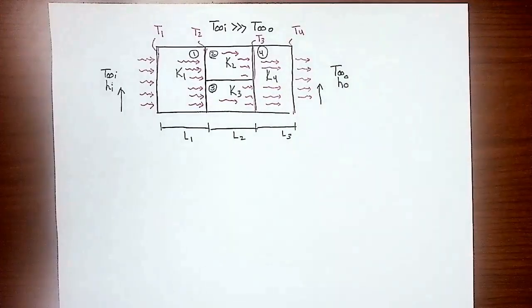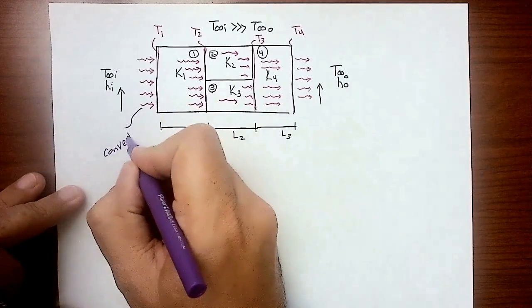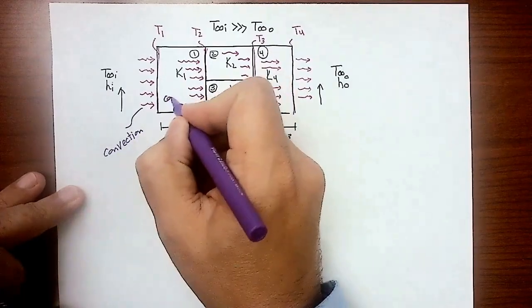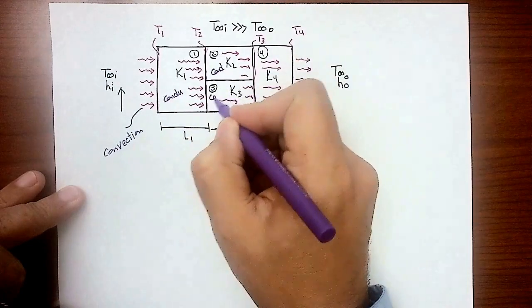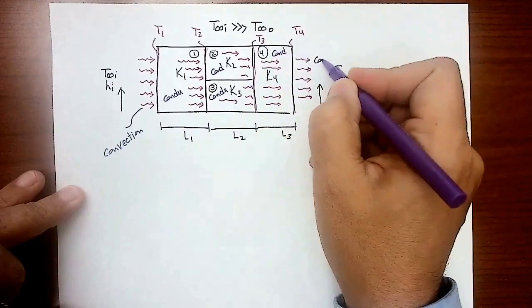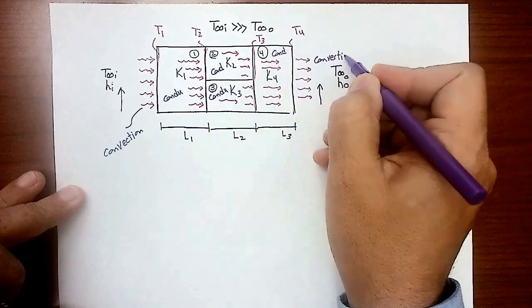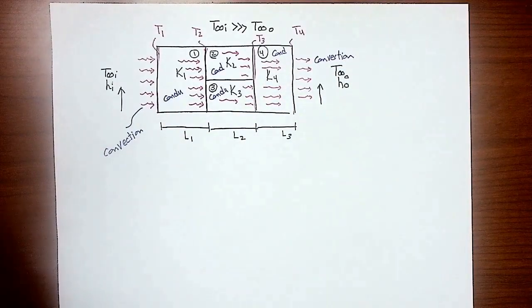Now, how many mechanisms of heat transfer do we have here? We have convection, we have conduction up here, conduction down there, conduction here, then we have convection here. Now, think about the energy going through these blocks as electric current.